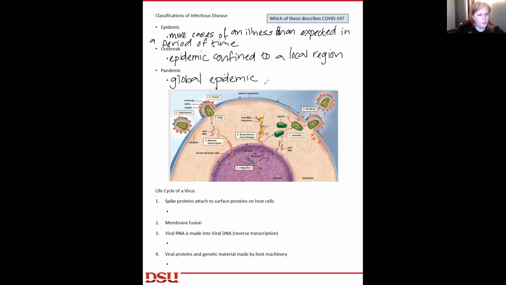Okay, so, life cycle of a virus. How do these viruses reproduce? I love that we call it a life cycle, even though they're not technically alive. Anyway, spike proteins attach to surface proteins on host cells. That's the first thing that's going to happen.